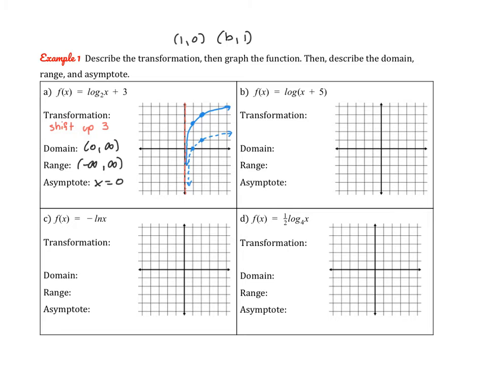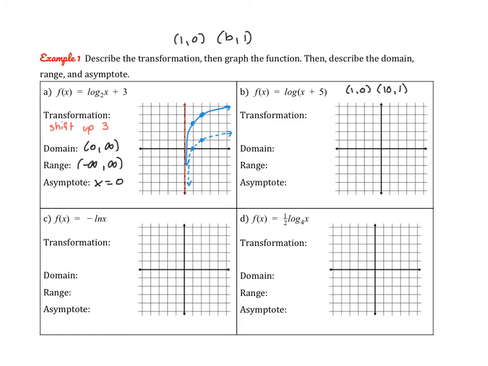All right, let's try this next one. So here we have f of x equals common log of x plus 5. So remember, when you don't see a base, it is base 10. So we are going to start by plotting the two points for our parent function. So remember, we're going to plot the points 1, 0, and then b, 1, which is 10, 1.